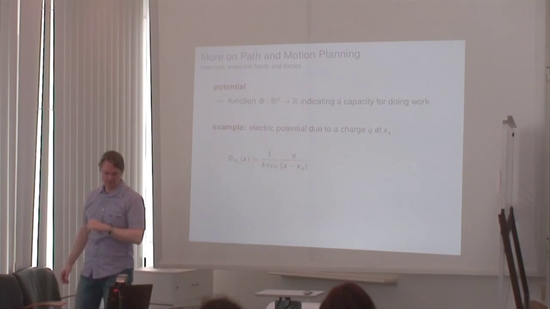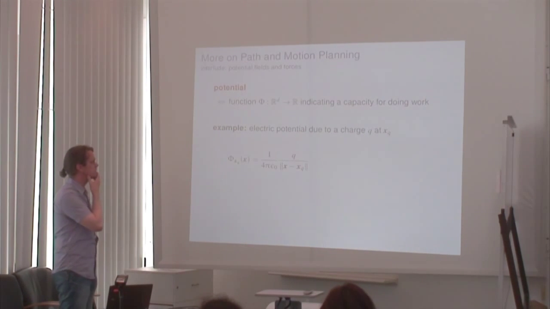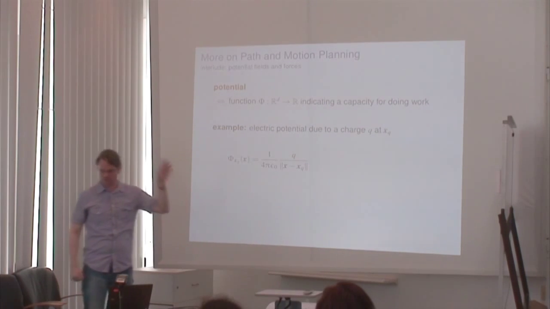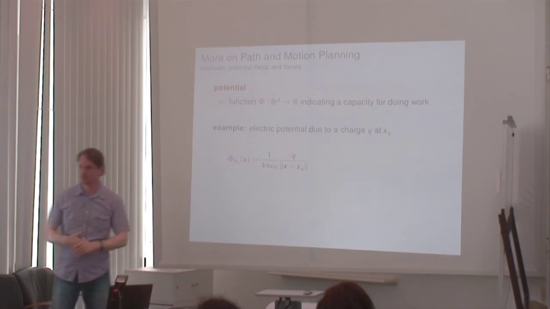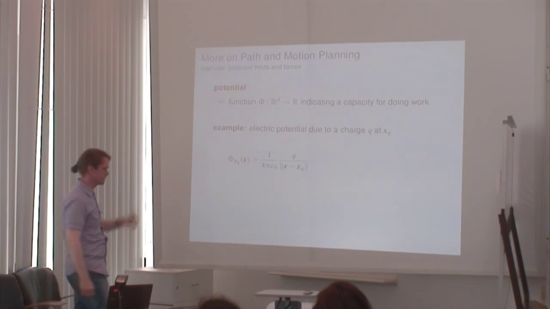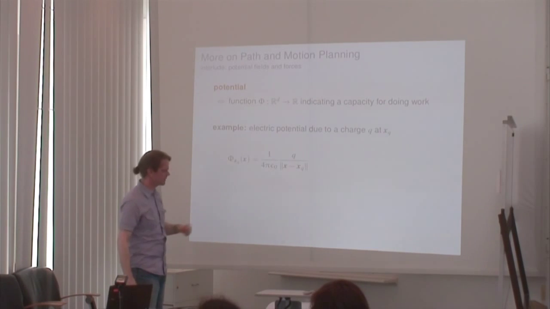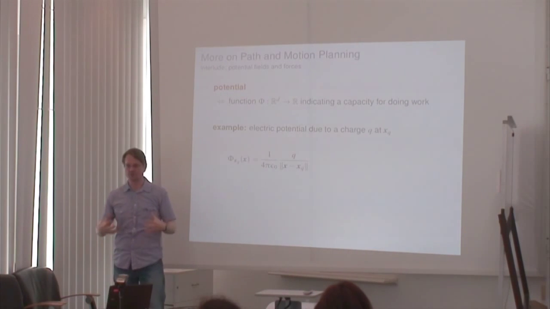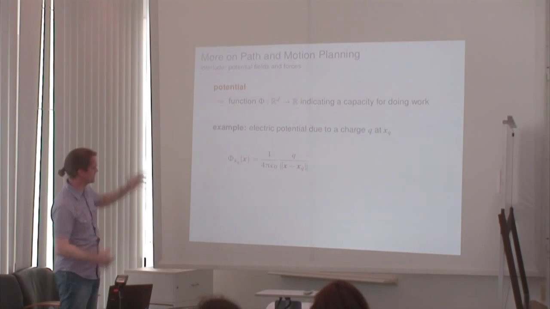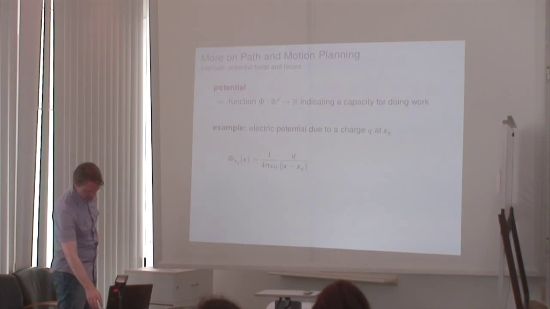So this is the definition of the electrical potential. Say you have some charge, electron or positron, located in x. And just because there is some other charge located in x_q, you can do work. And the amount of work you can do is indicated by this function.